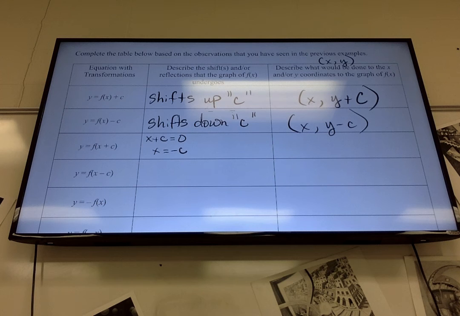Because anytime it's under the square root or in the absolute value or whatever the function is, you take what's in there and you set it equal to 0. And then what happens is it's negative in this case. So if it's negative, it shifts how? Left.